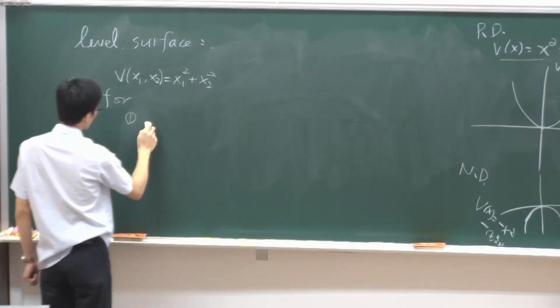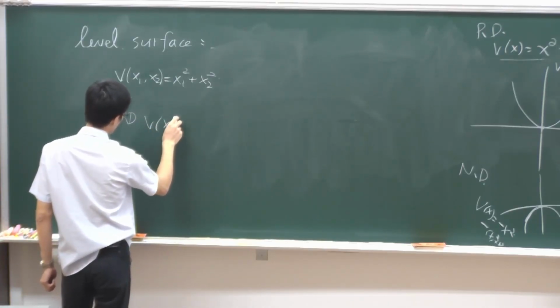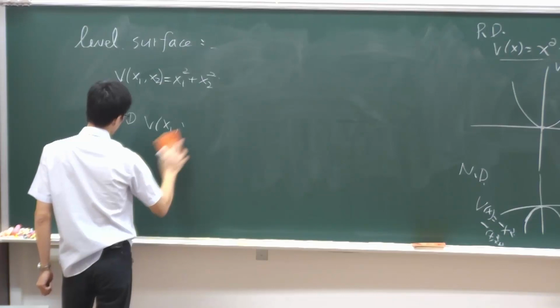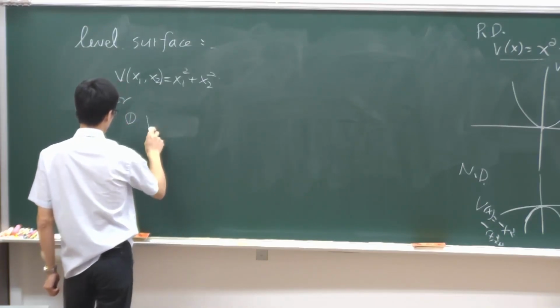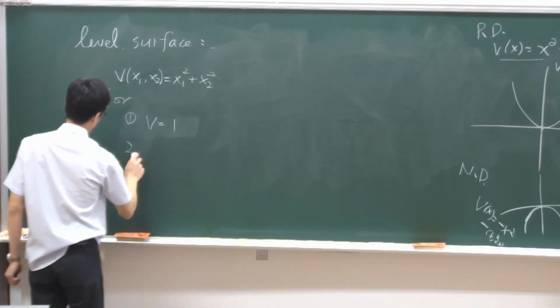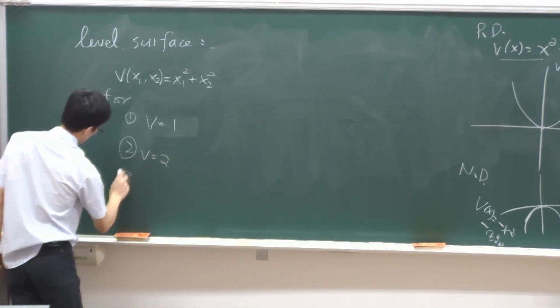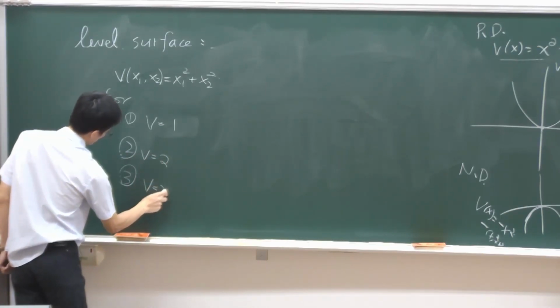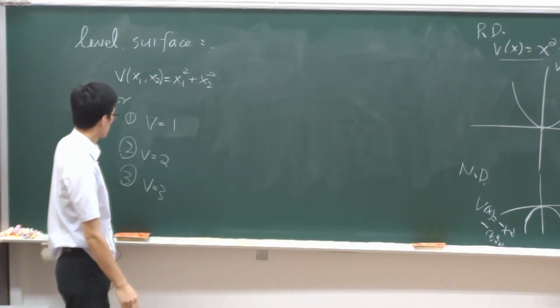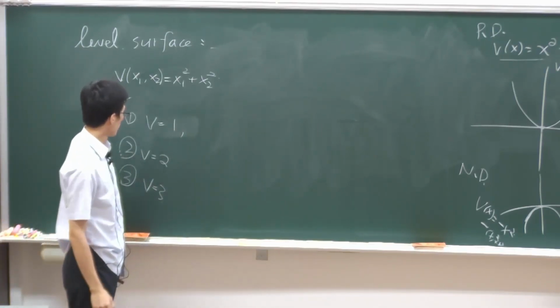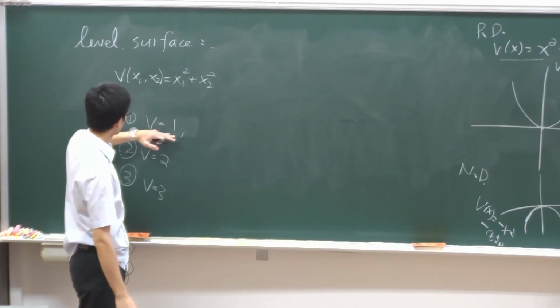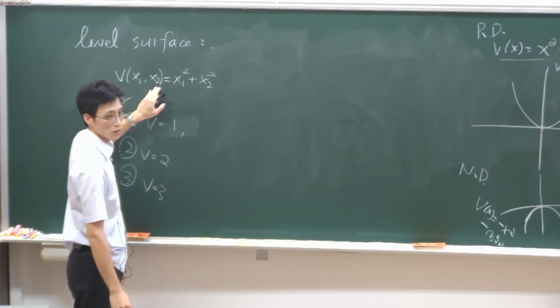for 3 cases. One is v equal to 1. Then, given this condition, what are the x1, x2?